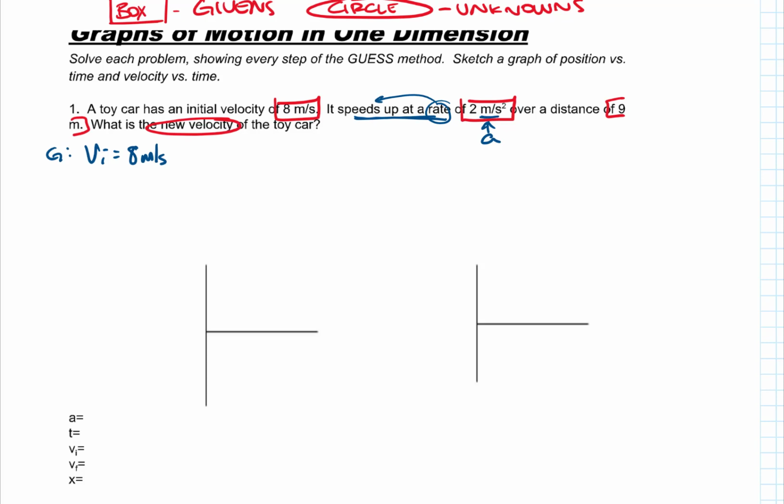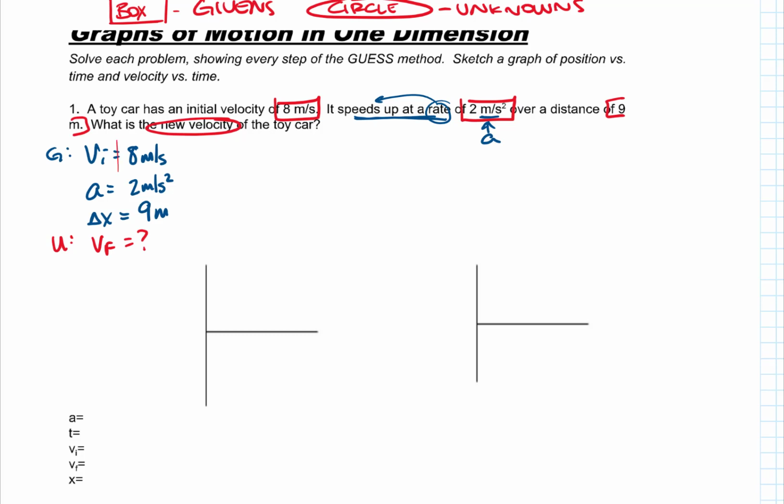The other thing is the units on that 2 meters per second squared. Meters per second squared means acceleration. So the acceleration is 2 meters per second squared, and that takes place over a distance of 9 meters. And what I want to know, my unknown here, is the new final velocity of the car.